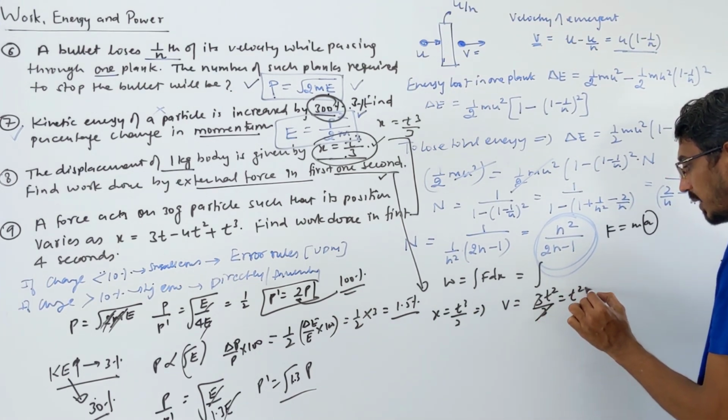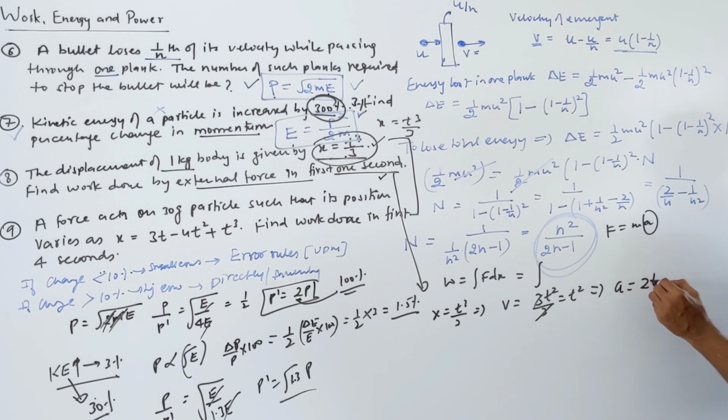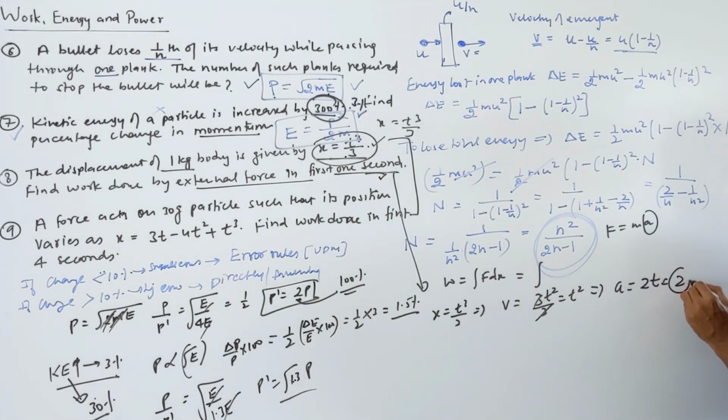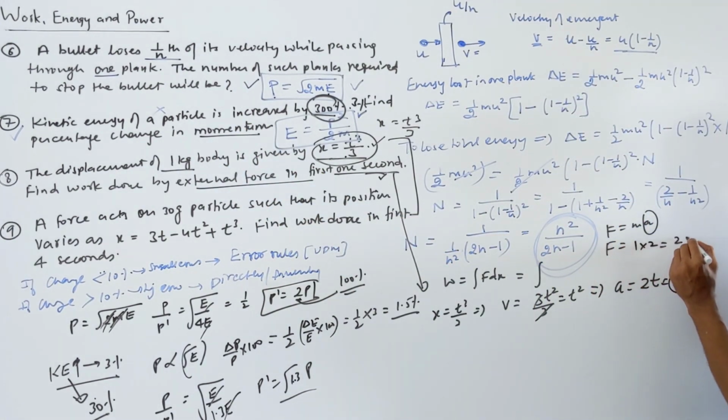So it becomes t square. This is the velocity. Again differentiate this. So dv by dt means we get acceleration, which becomes 2 times t, correct? And time is already given, 1 second. So 2 into 1, acceleration becomes 2. Now you can calculate force. Force is ma. Mass we know, 1 kg body. So 1 into 2, that becomes 2 Newton, your force.